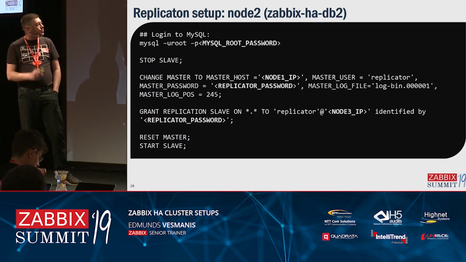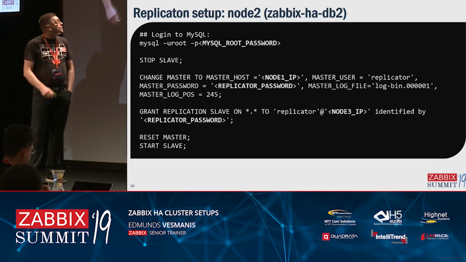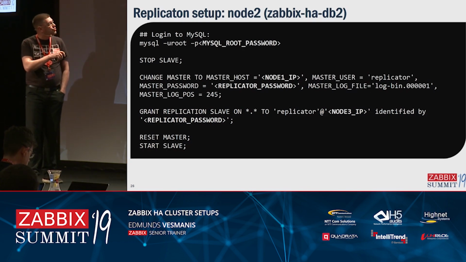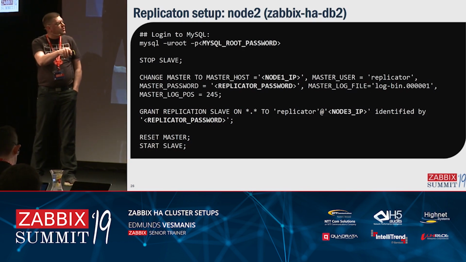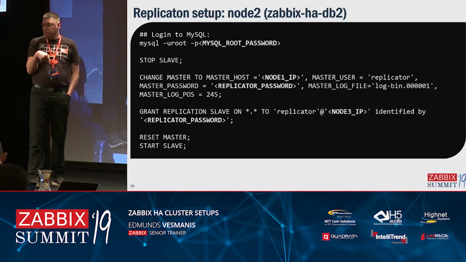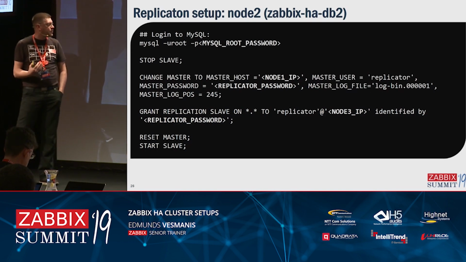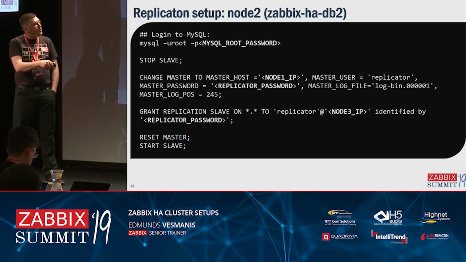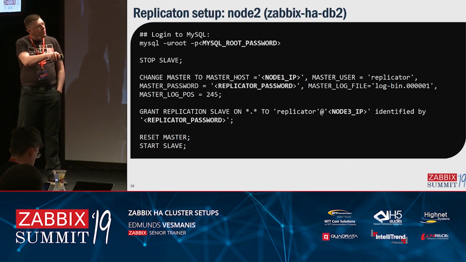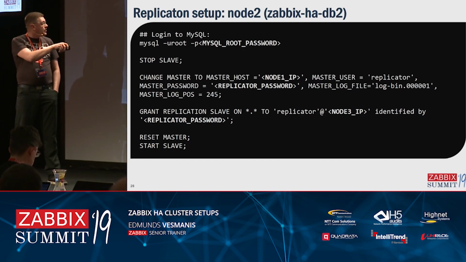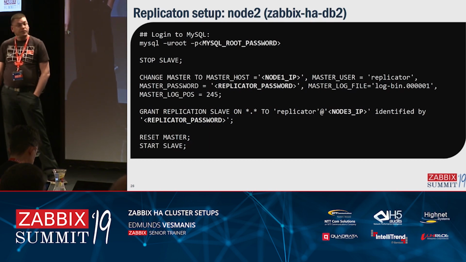So then we go to the second node. Again, we stop the slave, then we change master. This command will introduce our master node on the second one, which will be the slave of the first one. And we provide the master binary log file from the previous step, and we need to specify the position.